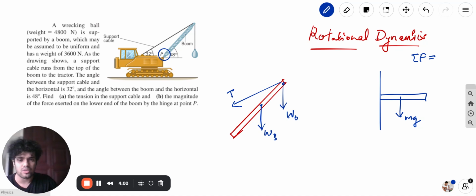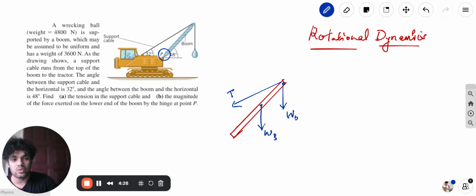If not, it's okay, we can go over the concept as we go through the problem. This object is at rest, so the net force acting on it is zero. There is only one vertical force going down, so in order to balance that, there should be a force going up, and that is provided by the vertical hinge force over here. Wait, let me just get rid of this.